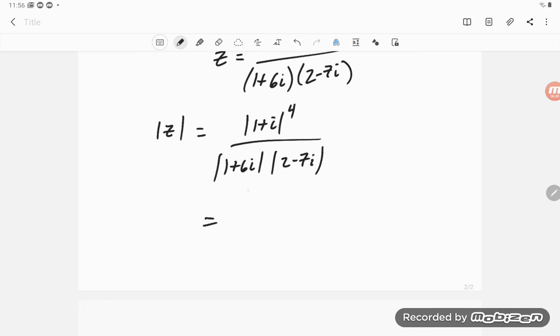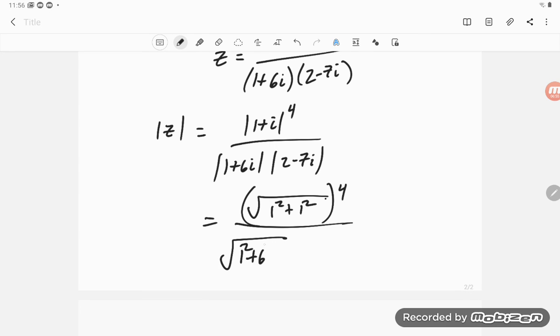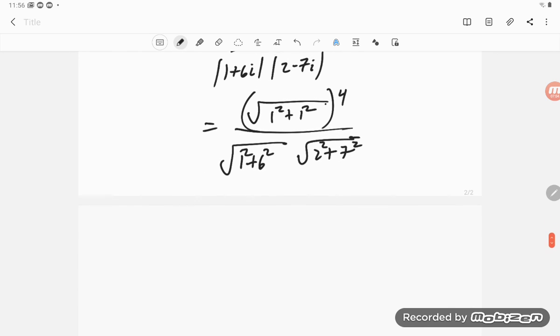And then the top, x is 1, y is 1, so I get 1 squared plus 1 squared, all to the 4th. And then here I get 1 squared plus 6 squared, and then 2 squared plus negative 7 quantity squared.